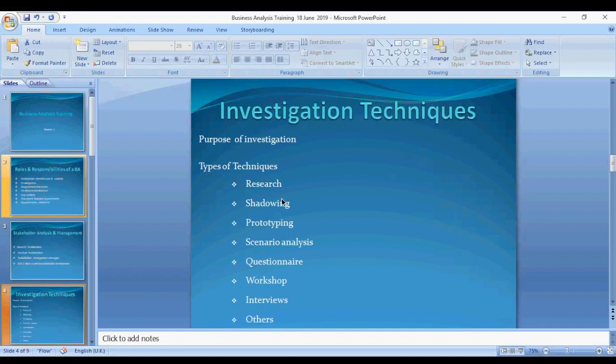You have to determine: this is the type of project I'm working on, how do I want to gather my requirements? What is the best technique for me to use to gather my requirements, to liaise with my stakeholders, to get everything documented? So it is the responsibility of the BA to determine the investigation technique that you need to use.